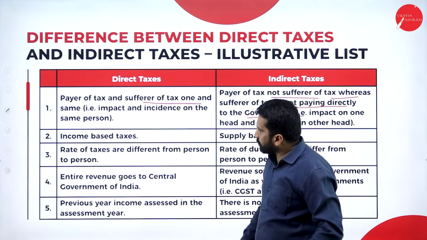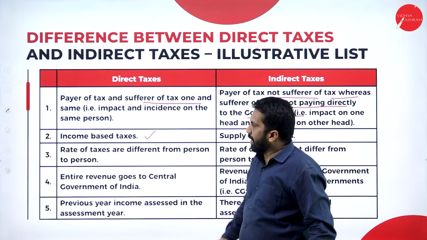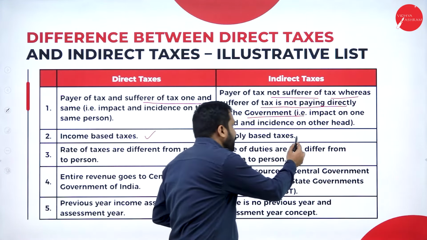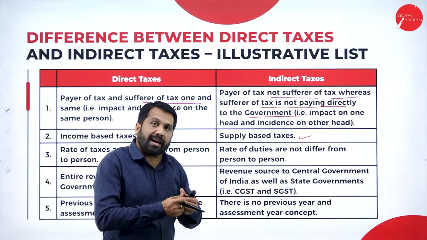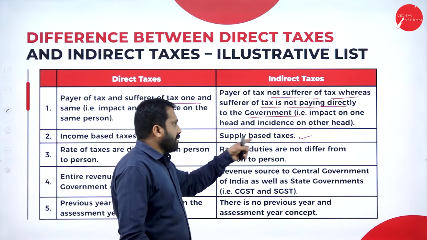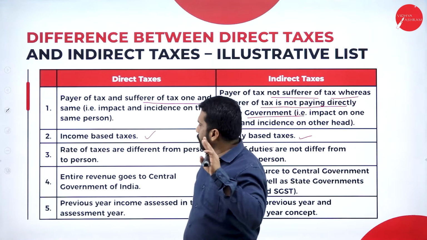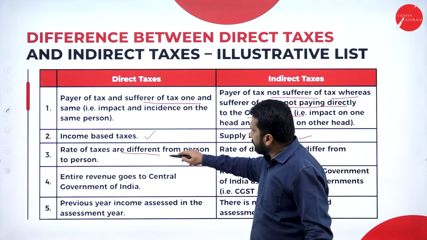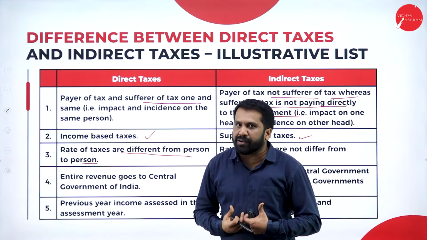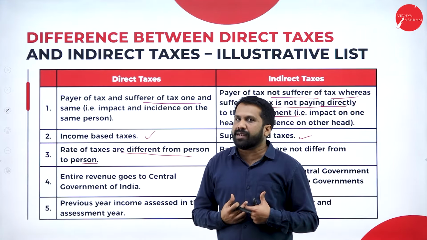And the second one, income based tax. How much income you earn, you pay tax. Second one, supply based taxes. How many cars are supplied, are sold, on that they pay tax. Third one, rates of taxes differ from person to person. See, my salary is below 2,50,000 per annum, I need not pay tax.